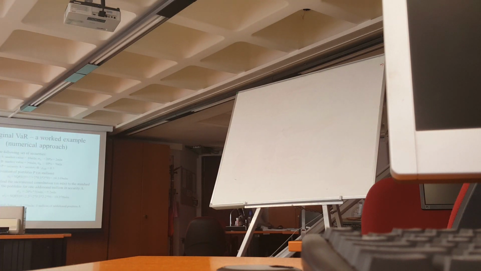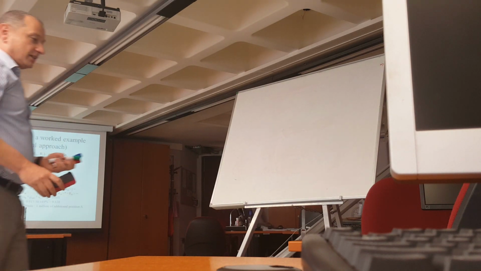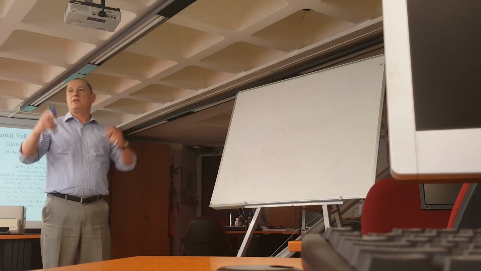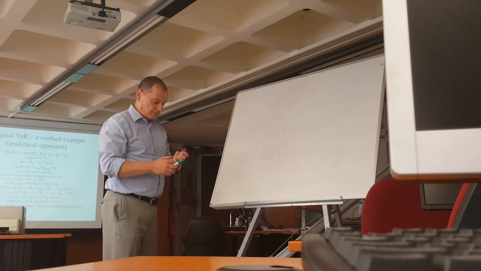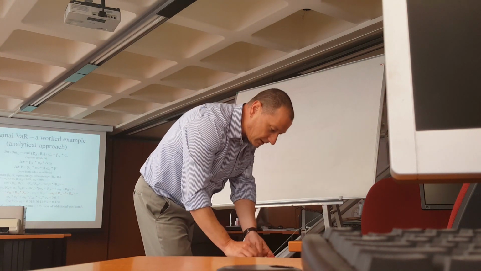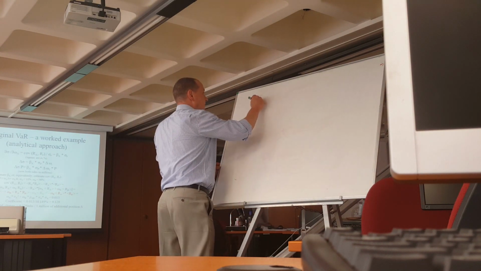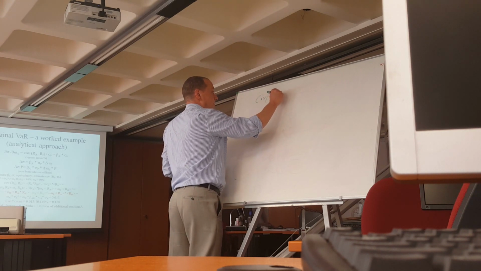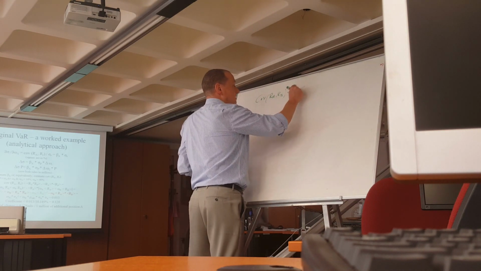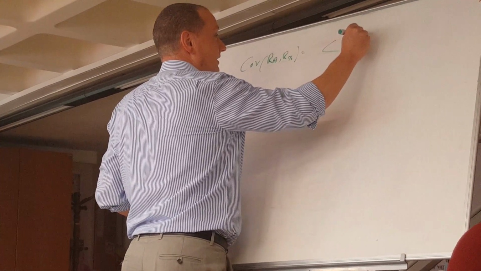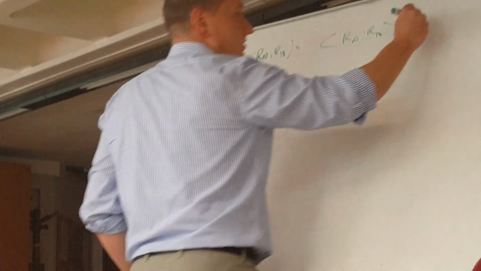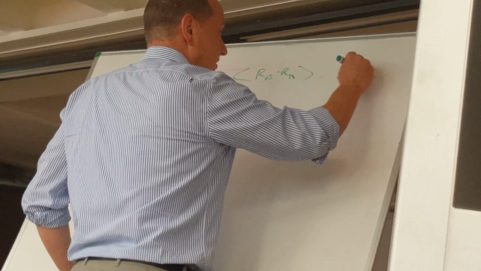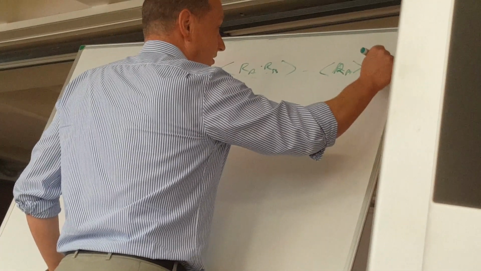Now, covariance. What is the definition of the covariance of two things? You remember the definition of the covariance of two things? Definition of the covariance of two things is the following. Covariance between the RA and RB is the expected value of RA times RB minus the product of the respective expected values. So RA, RB.